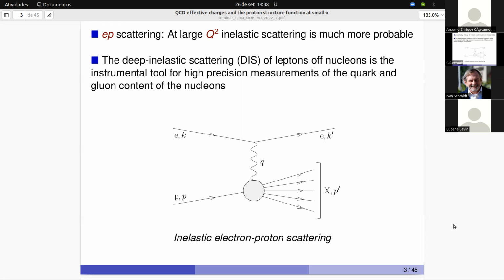This blob represents our ignorance about the structure of the proton in terms of gluons and quarks. And in deep inelastic scattering, we have the production of hadronic products here that have invariant mass given by X, and momenta k, k prime, p and p prime.